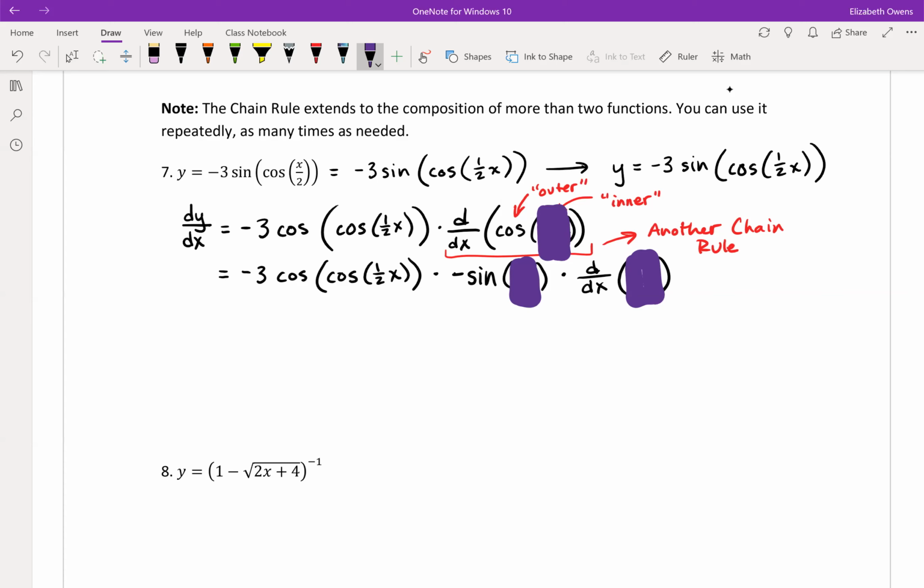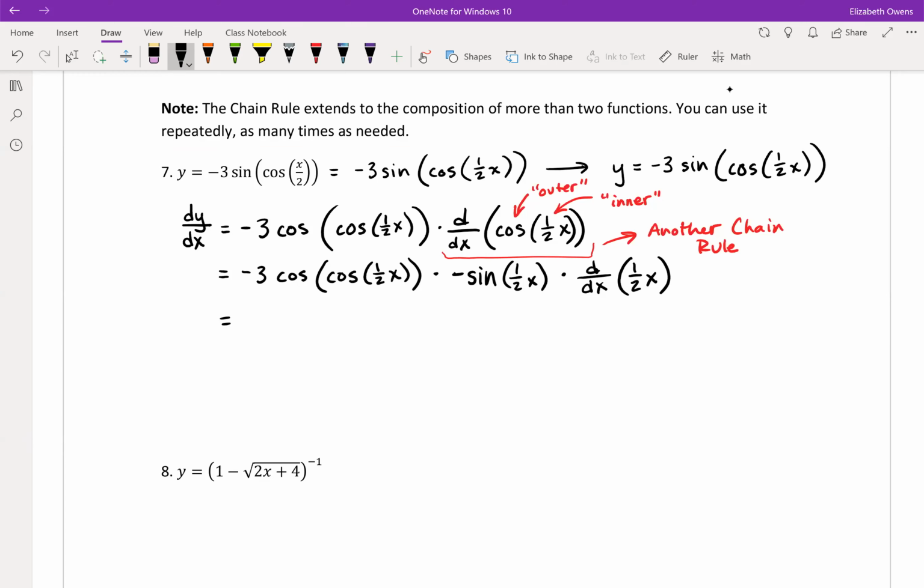Now, just like we previously did, you uncover that covered up portion and see what it was. The uncovered portion now is 1/2 x, so that's what we put in place of the purple rectangles.